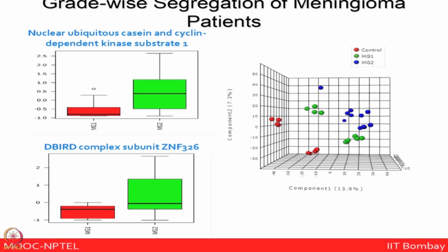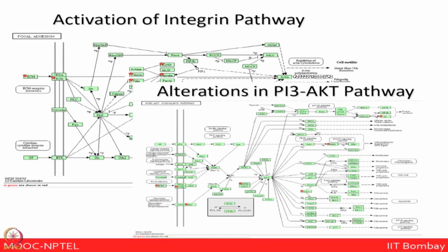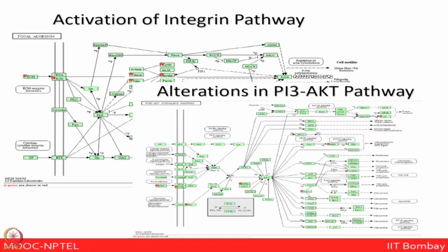But what is most interesting from these kinds of proteomics and big omics studies is that you get to see a large number of changes, and you try to put them together and analyze, based on pathway analysis, which networks and pathways most of the changes are perturbing. Looking at this information, we found that the integrin pathway as well as the PI3 AKT pathway were greatly affected because of the meningioma disease.